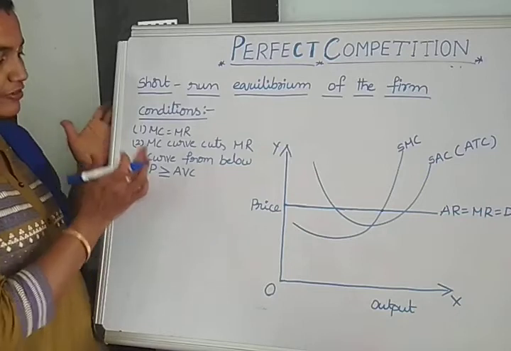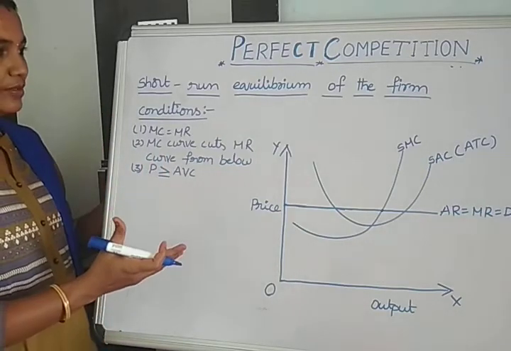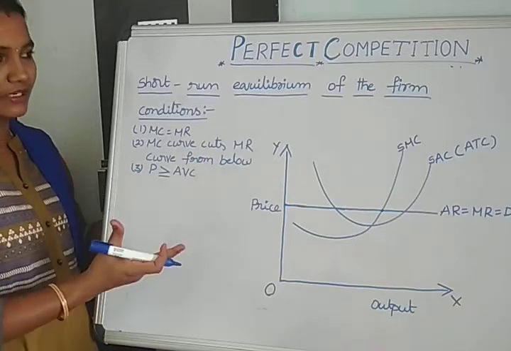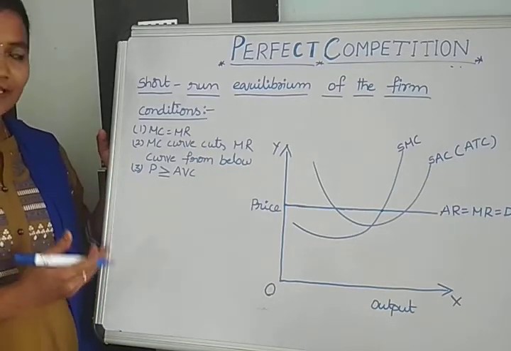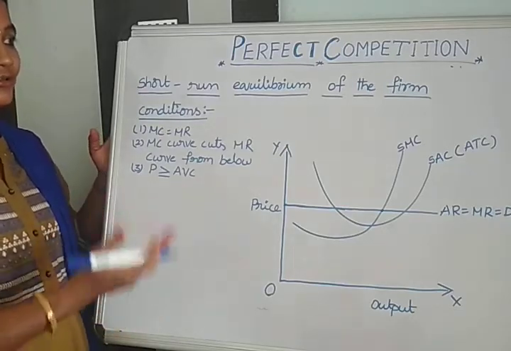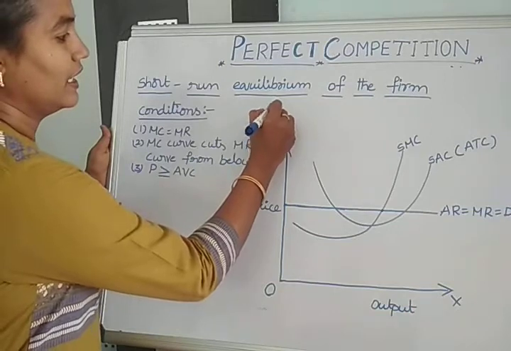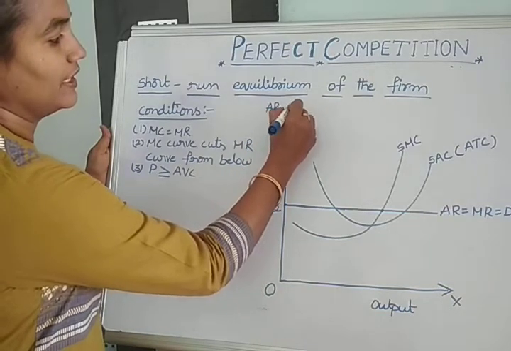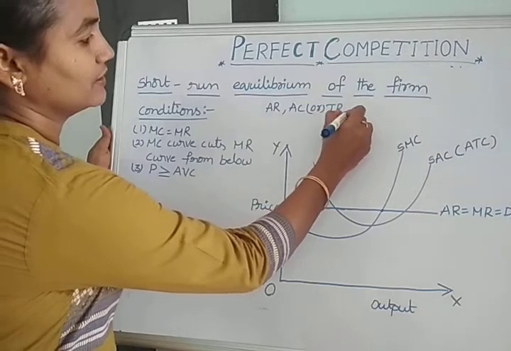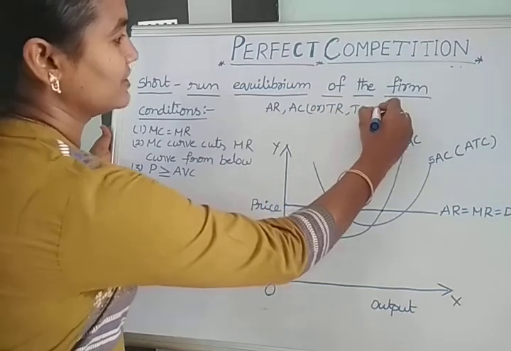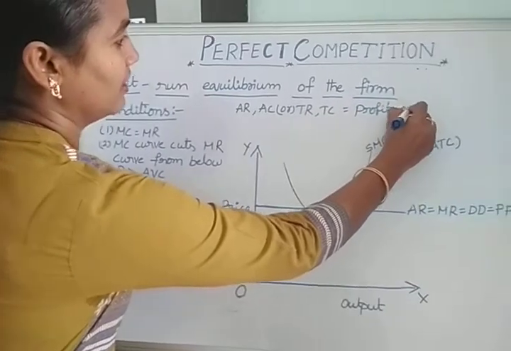At the same time, before explaining the diagram, first I will explain which curves we use to find the equilibrium of the firm, and how we can find the losses or profits using which curves. We will discuss that in a simple way. AR, AC or TR, TC we use for profit or loss.